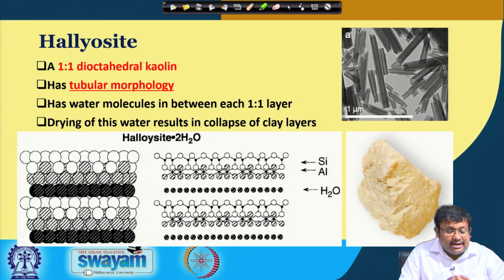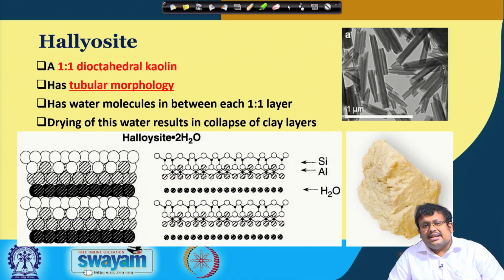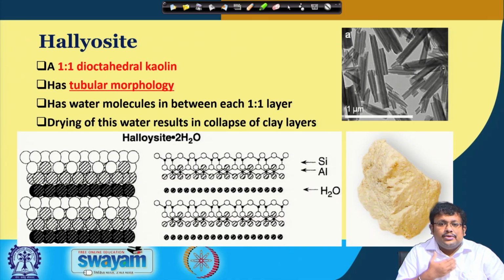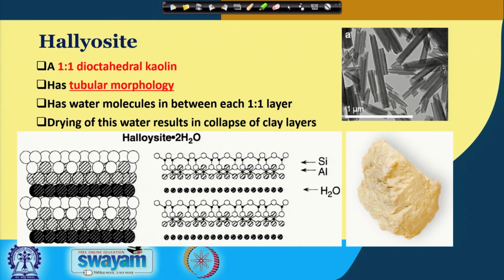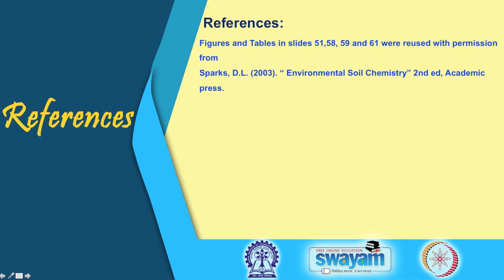We have completed kaolinite and halloysite, and in the next lecture we will start discussing 2:1 type of clay minerals. We will be discussing pyrophyllite, talc, illite, mica, vermiculite, and 2:2 type of clay minerals, and other types of secondary minerals.